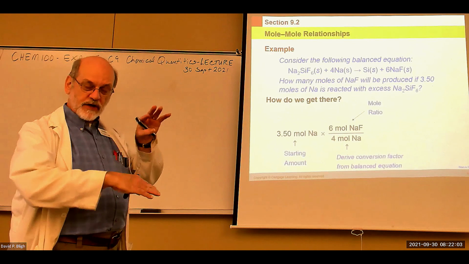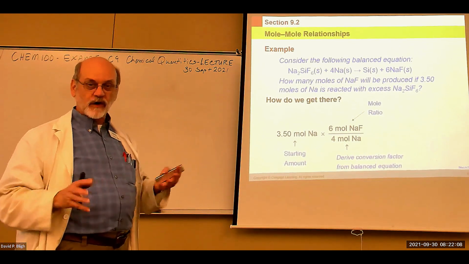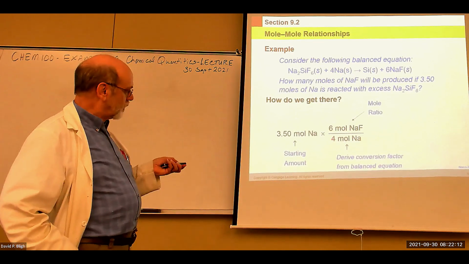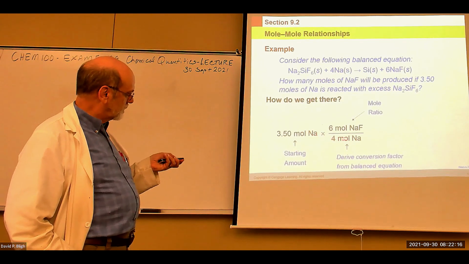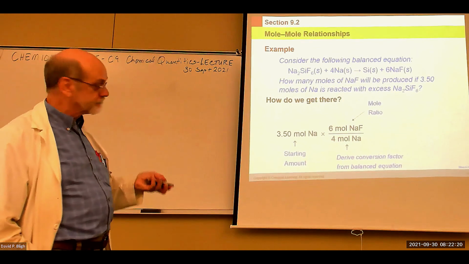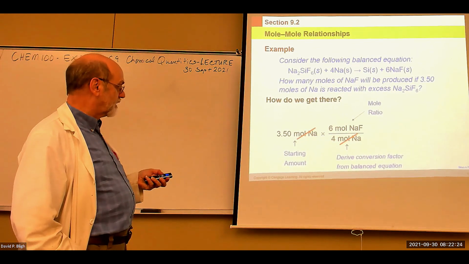Now, whether you put one on top or the bottom, it's the same as any other dimensional analysis. Which one needs to cancel, which one you want to end up with. We want to cancel moles of sodium, so we put it on the bottom, and moles of sodium fluoride on the top. Cancels these two units of measure.